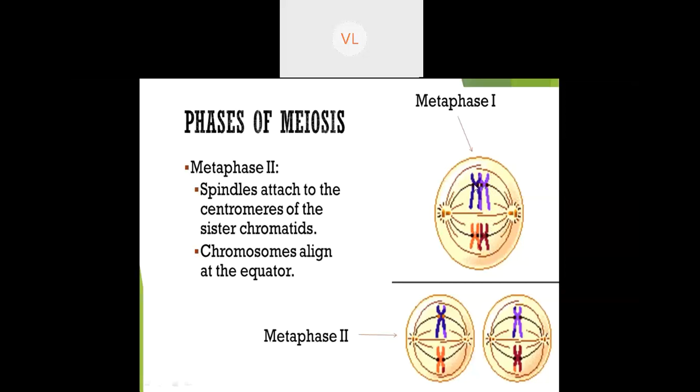The centromere is the point in the middle where the chromosomes meet. In this centromere you will see spindle fibers attached, from upside and downside. This will happen in metaphase 1.